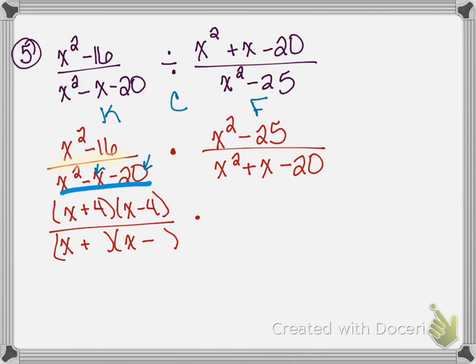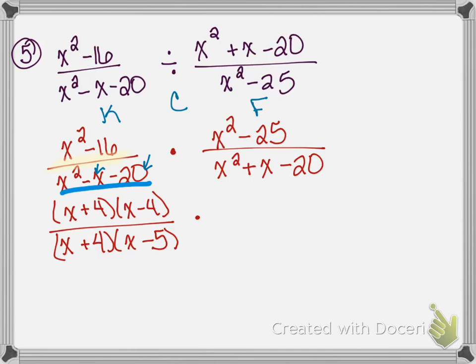Good. Why is the 5 positive? Because 5 minus 4 gives you 1. Do I need a positive 1 or a negative 1? Negative. So what should be positive and what should be negative? 4 should be positive, 5 should be negative. That's because we have a negative x right there. So it's plus 4 and minus 5, because we've got to add those two numbers together and get something that's negative.